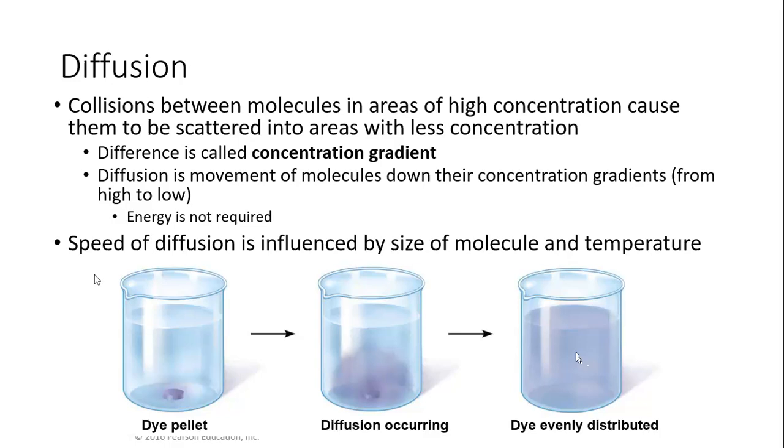So again, when you go down a concentration gradient, meaning you're going from high concentration to low concentration of a substance, no energy is required. And essentially, your plasma membranes create these concentration gradients by being selectively permeable.